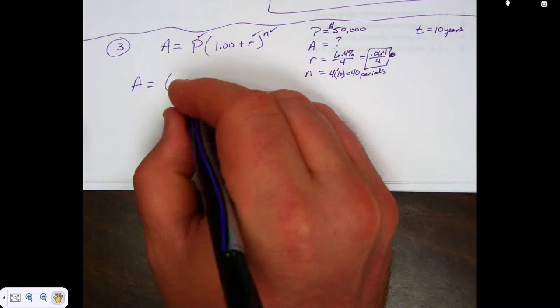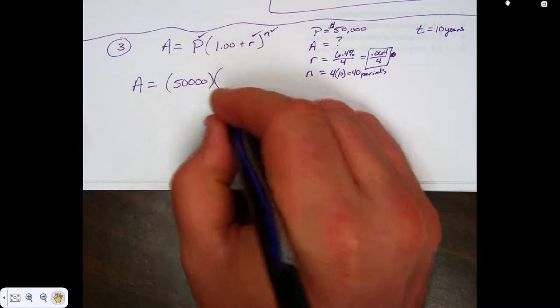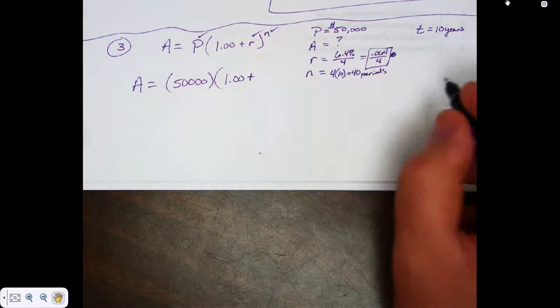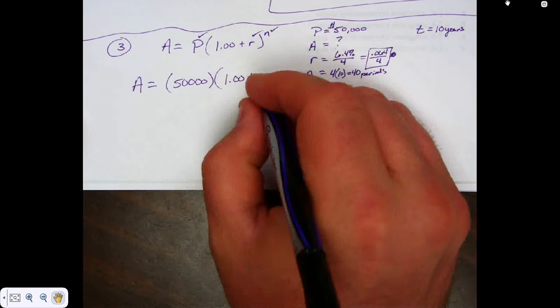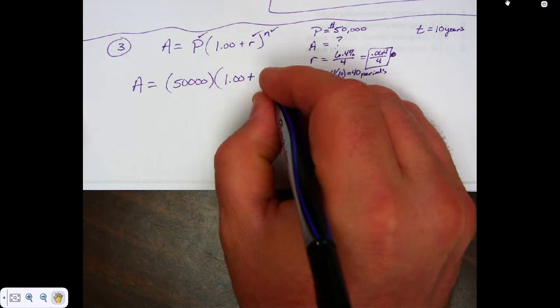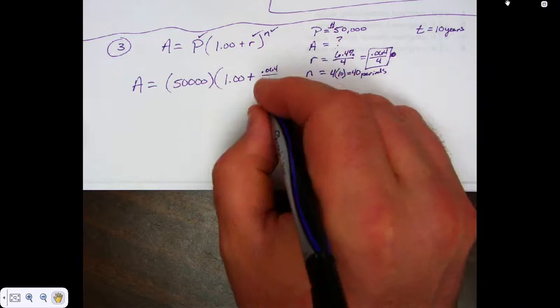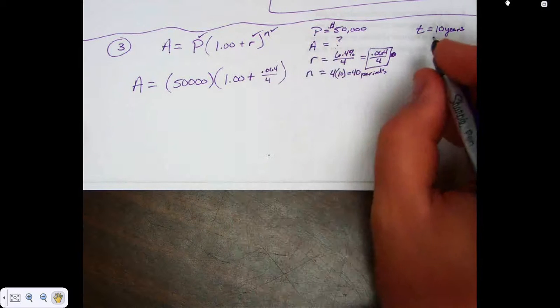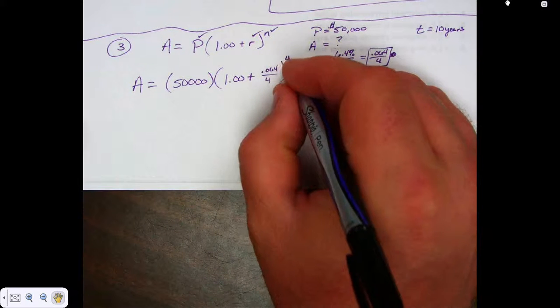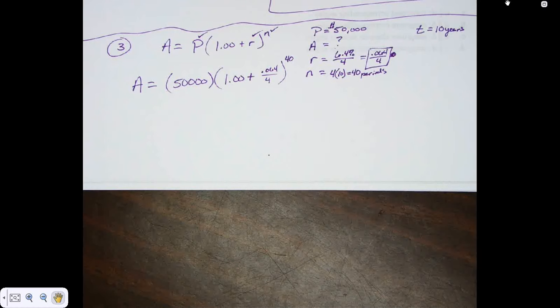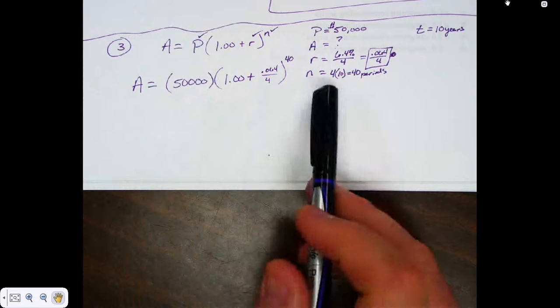I'm going to put in 50,000, 1.00 plus R, which is 0.064 divided by 4. All of that to, what do I put up here? 40th power. Now, the hardest thing about this, it was pretty easy to see what to put in there, right?